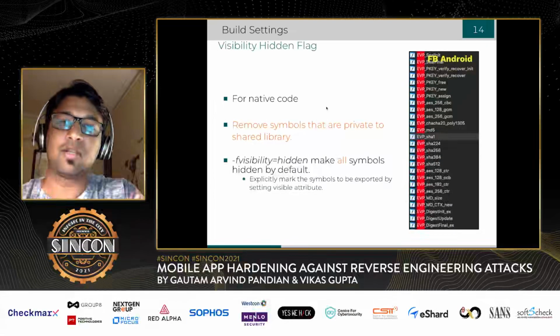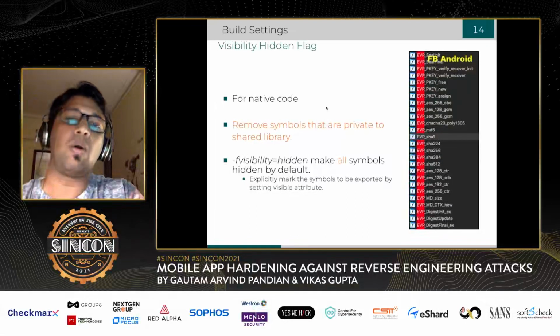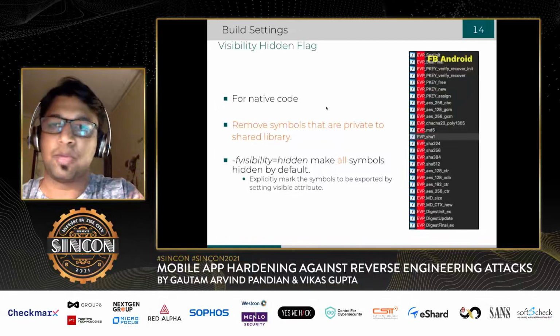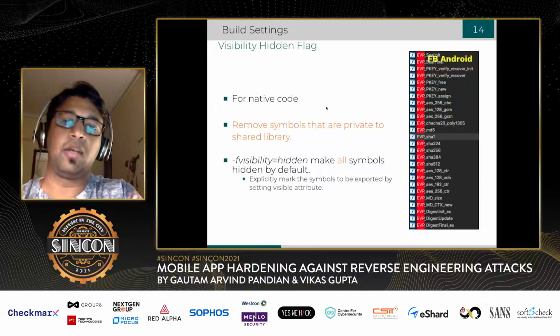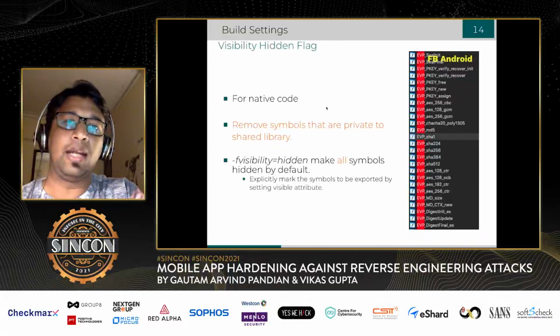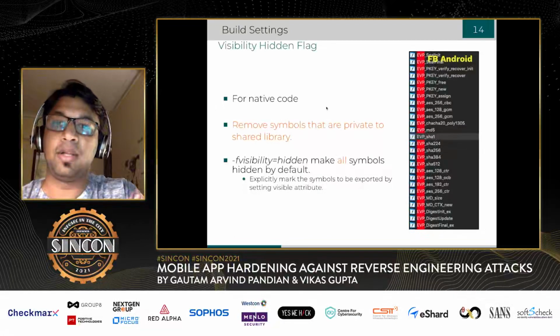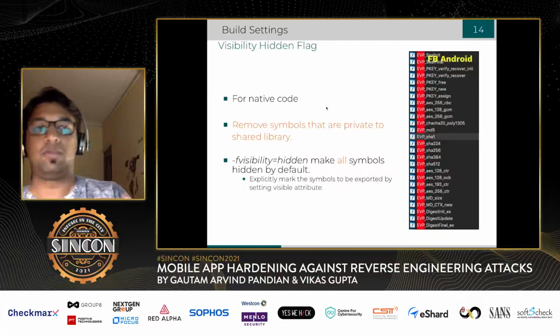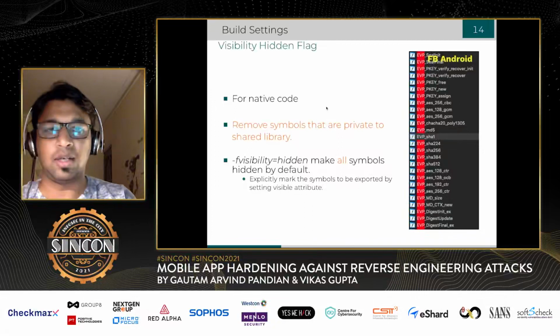So there's an additional step: you need to manually mark all the symbols which are supposed to be exported with the visible attribute. We will be talking about this particular attribute later on in crypto as well. The idea is: don't export symbols which can be hidden or private in the final binary. Just remove them. This is just additional information helping the attackers.